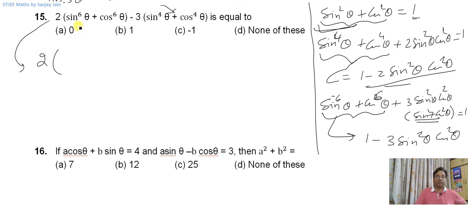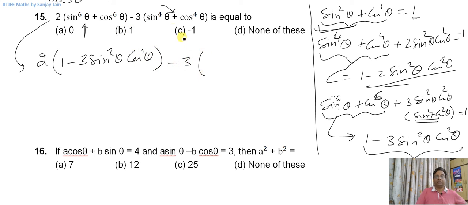Twice of this expression in the bracket, I am replacing it with this one: 1 minus 3 sine square theta cos square theta, minus thrice of sine raised to power 4 theta plus cos raised to power 4 theta. I am replacing with this 1 minus 2 sine square theta cos square theta. Now look at this.